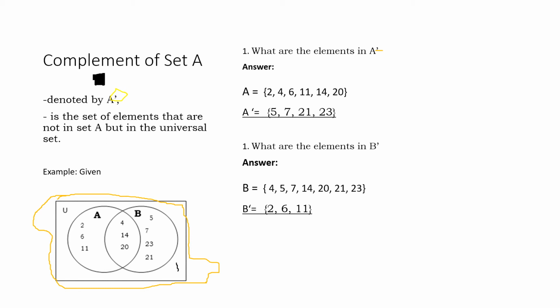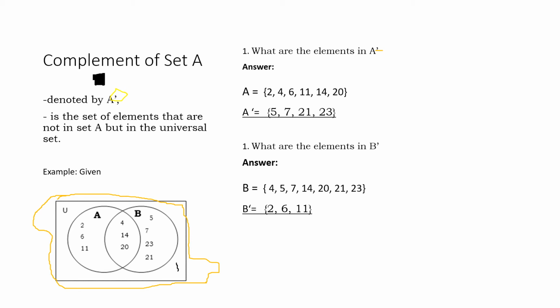Here, 1. Ayan, ganyan na lang, 1. Kasali ba siya dito dapat? For example, may 1 dito sa labas ng circle A. Yes, kasi as long as nasa loob siya ng universal set, wherein ang universal set ay si rectangle.